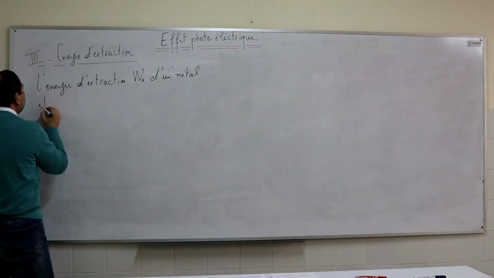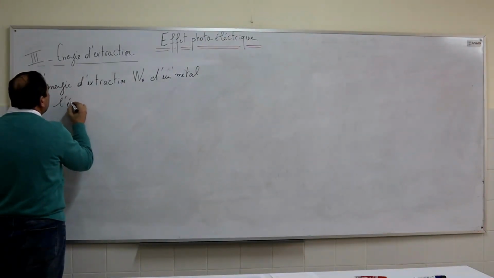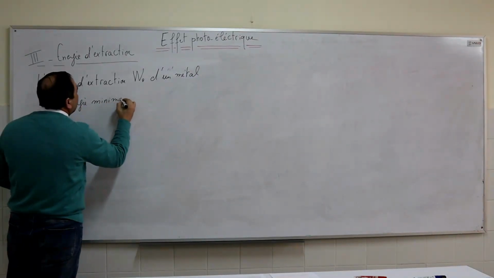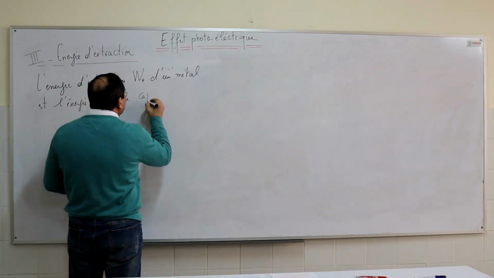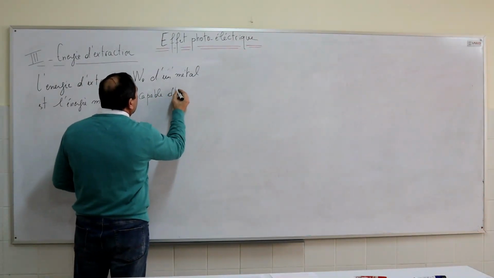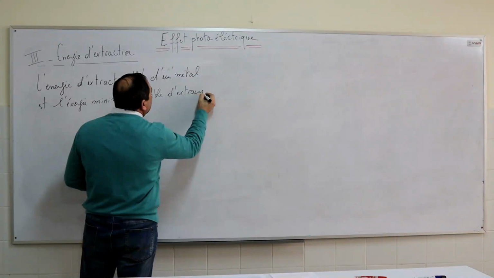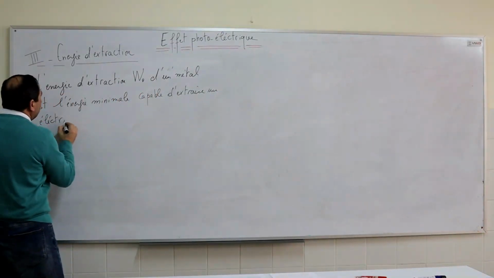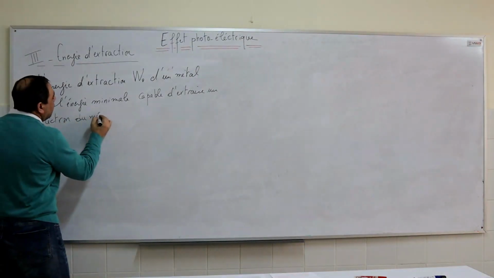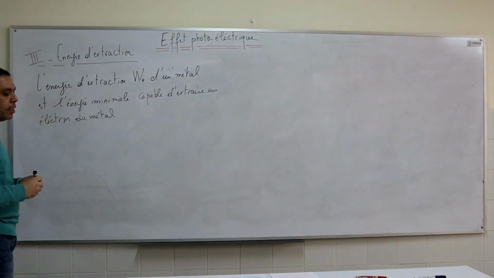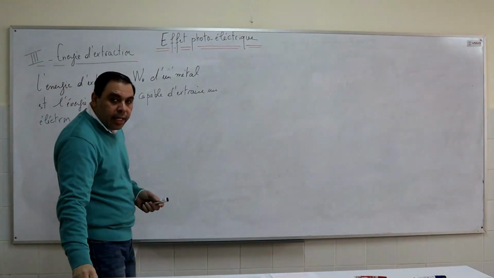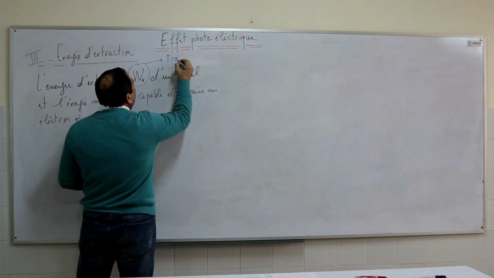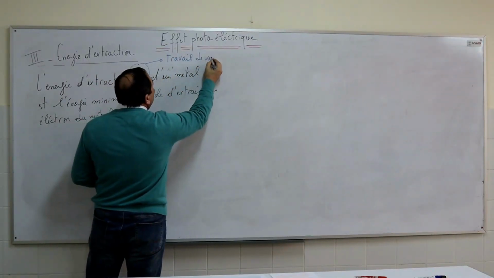The extraction energy, W0, of a metal is the minimum energy needed to extract an electron from a metal. This energy is also called the work function or the ionization energy of the metal.